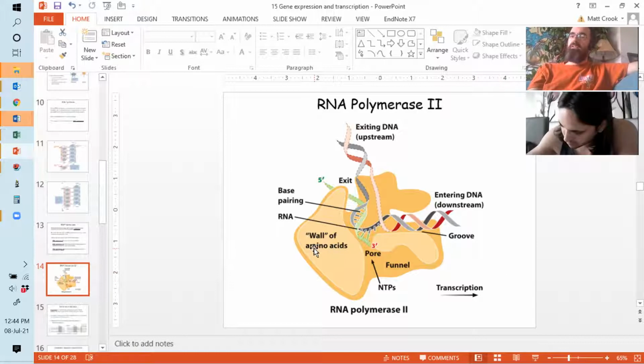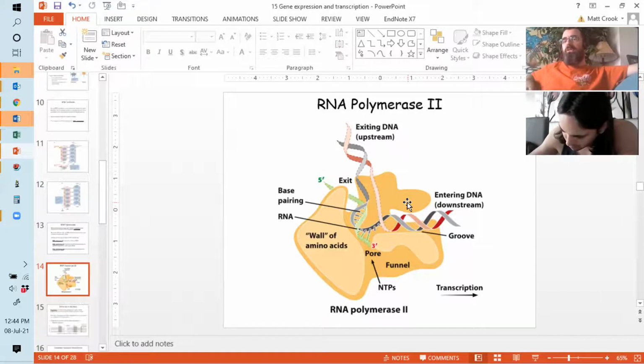Now, one of the funky things about RNA polymerase is it physically bends the DNA. So you remember back to the initiation of DNA replication, those initiation proteins that bind and then bend the DNA and pop it open, forming a bubble, so you have single-stranded DNA.